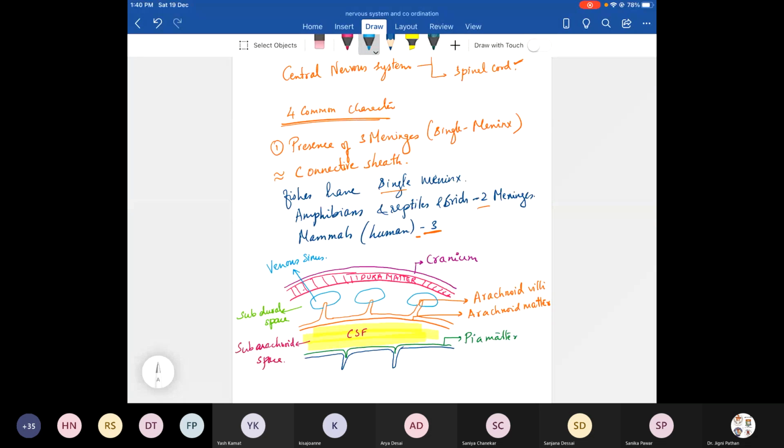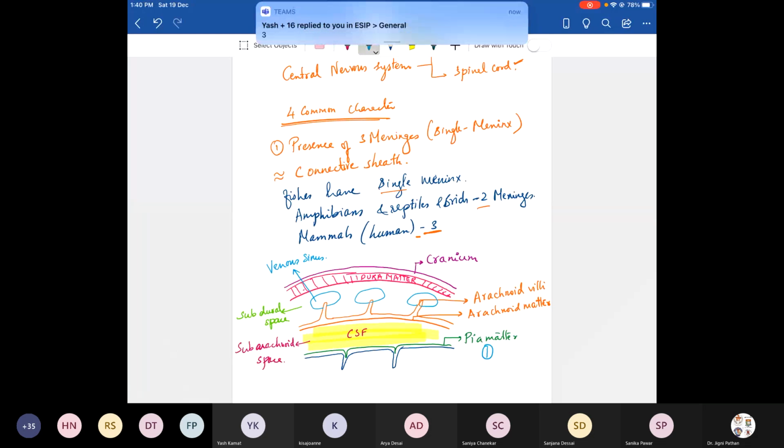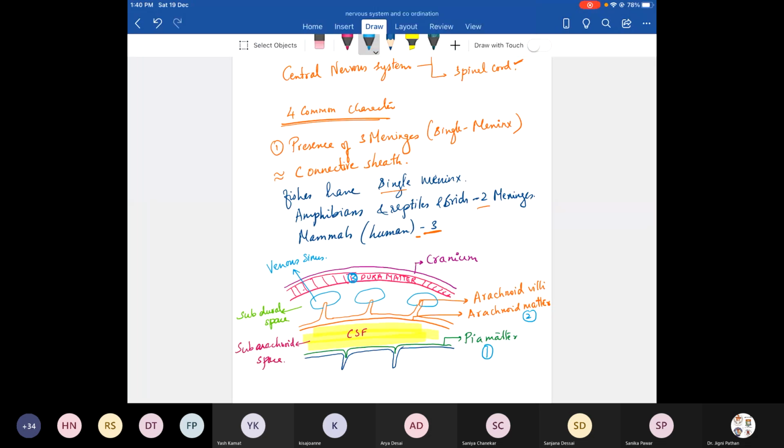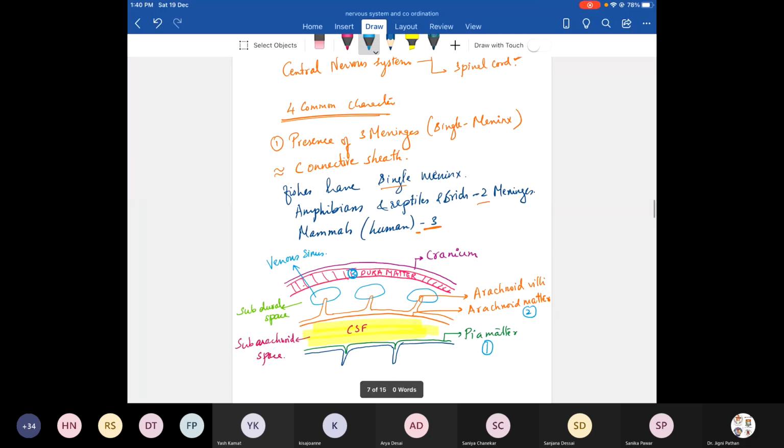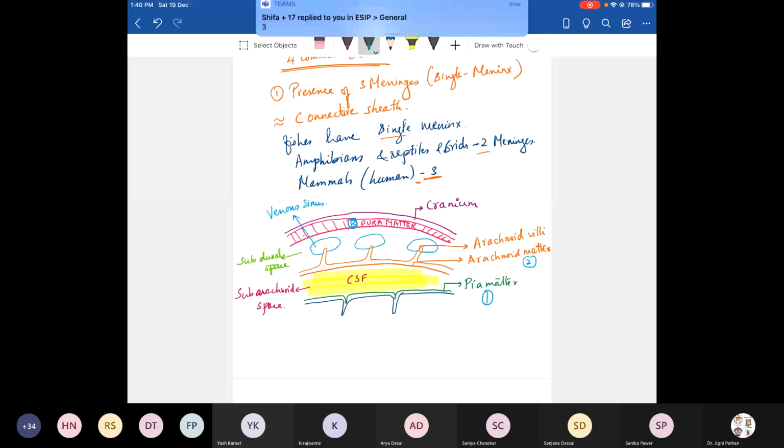So how many meninges are present in the human brain? One, two, and three. They are pia mater, arachnoid mater, and dura mater. Clear? The function of meninges is protection.